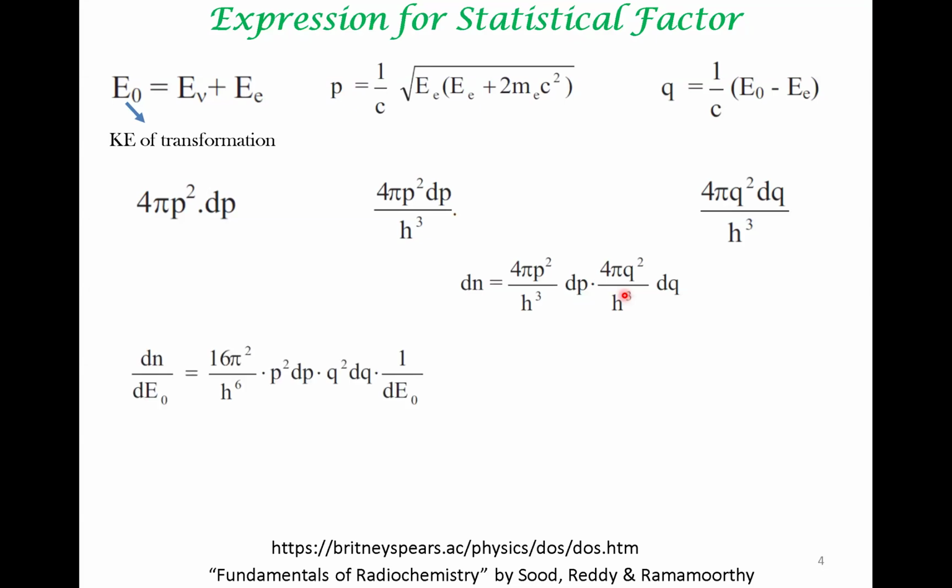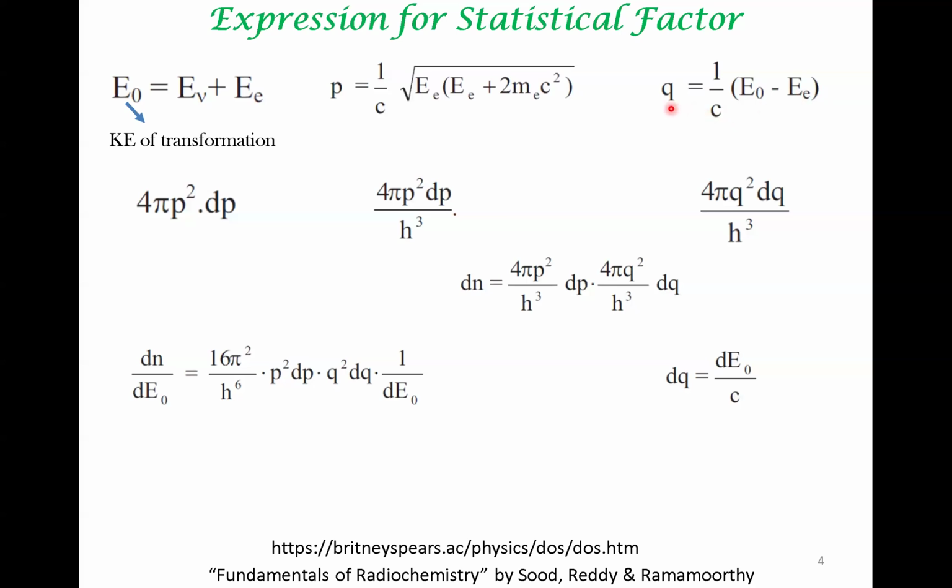Then what we try to do is simplify this particular expression to obtain the density of states. Density of states is the number of states per unit energy, so you divide this expression by this quantity. So you get the number of states for a constant energy of the electrons.